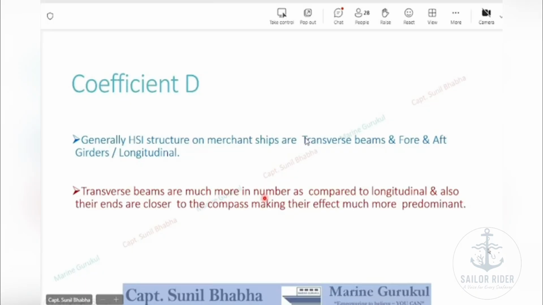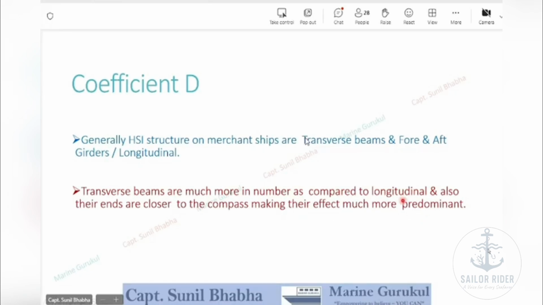They are present in the length profile of the ship, which is much more as compared to the breadth profile of the ship. The fore and aft longitudinals are present in the breadth profile. So transverse beams are much more in number as compared to the longitudinals. And also the ends of the transverse beams are much closer to the compass, making their effect much more predominant.